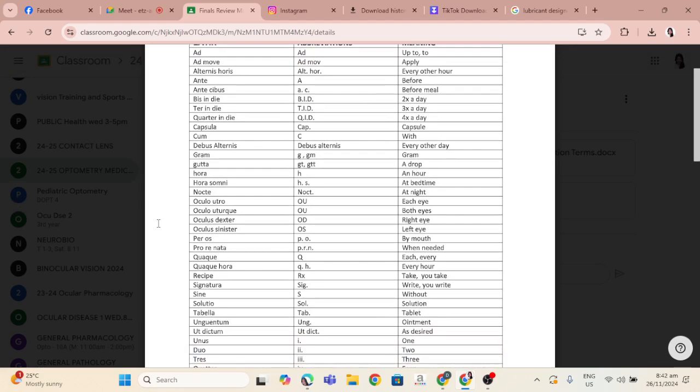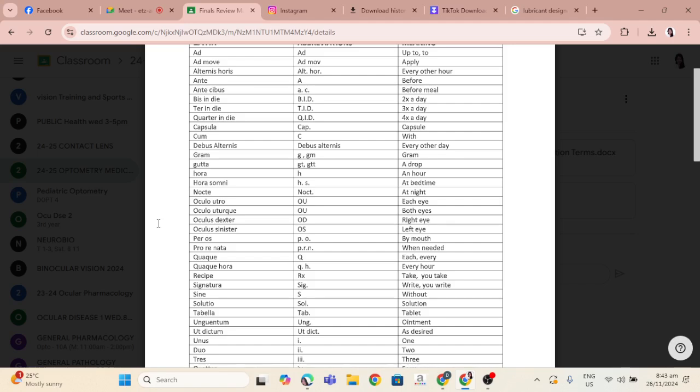Q, a capital Q, ha, which is quack, for each or every. But if it has a follow-up, which is Quakehora, QH, this will now be a small letter. QH, which is every hour.